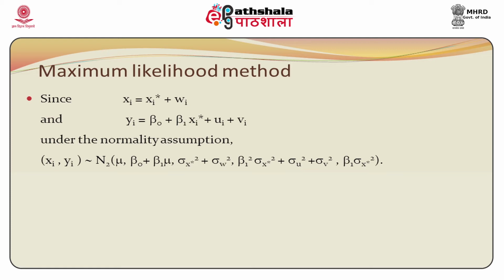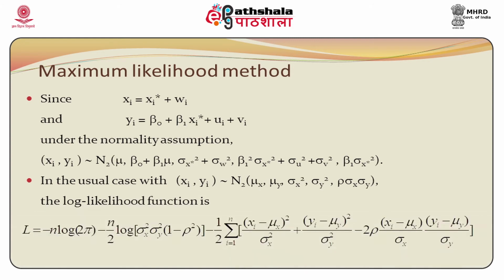All this comes from xi and yi, and the covariance between xi and yi comes out to be beta 1 sigma x star square. So, we get a bivariate normal distribution with these as the parameters.